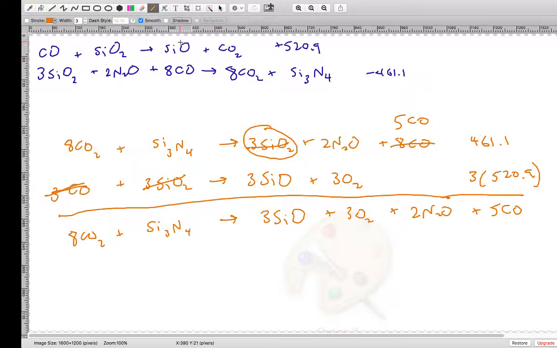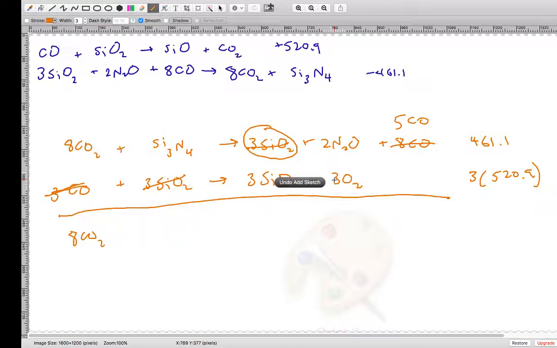So the products are SiO and CO2. Remember, I multiplied this whole thing by 3. So this should be a CO2. All right.